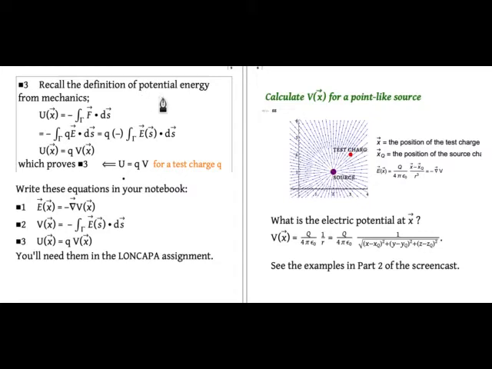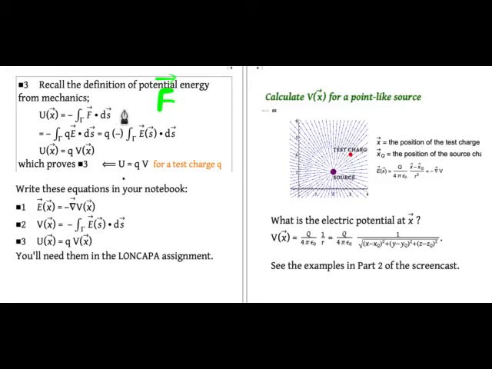So if there's a force F, and it's a conservative force acting on some test charge or some test particle, then the potential energy when the test particle is located at x is given by the negative of the integral F dot ds. That's a definition from Physics 183, mechanics.